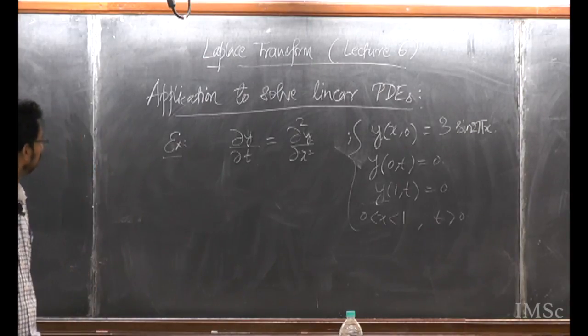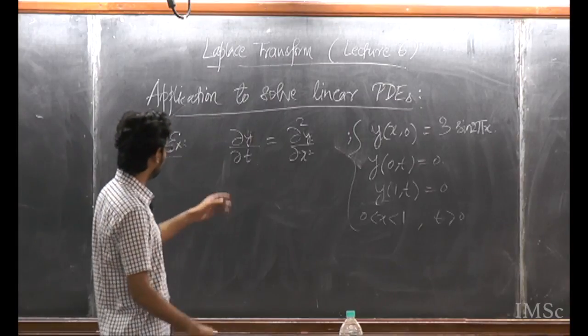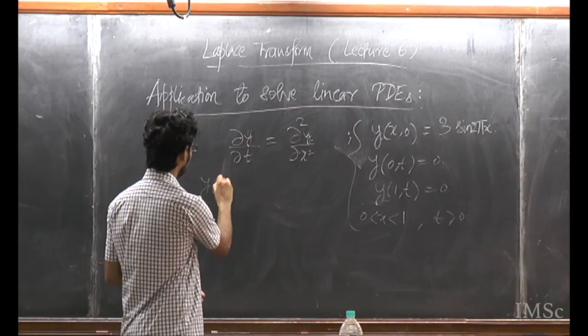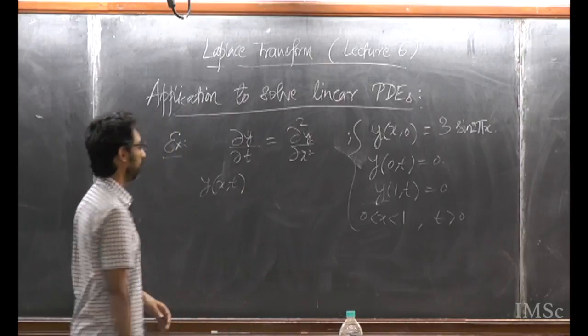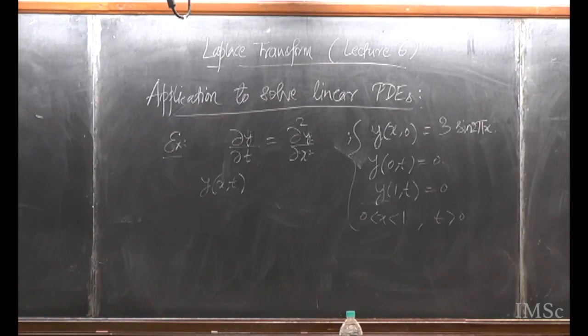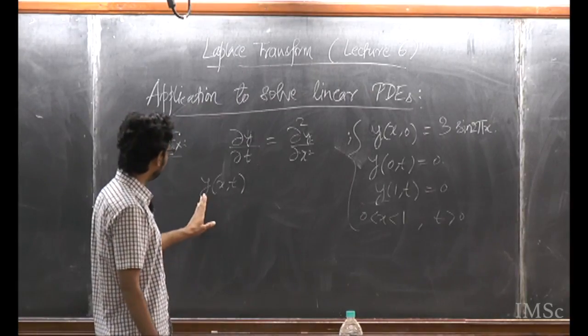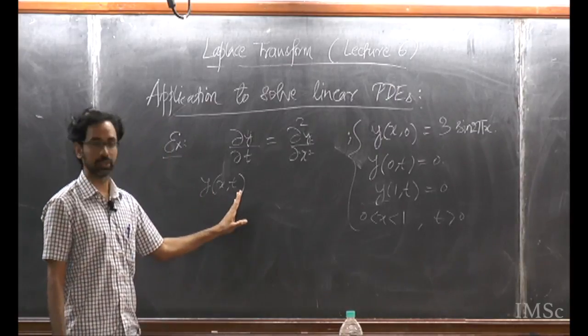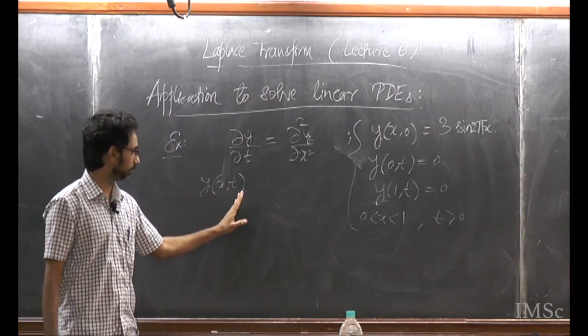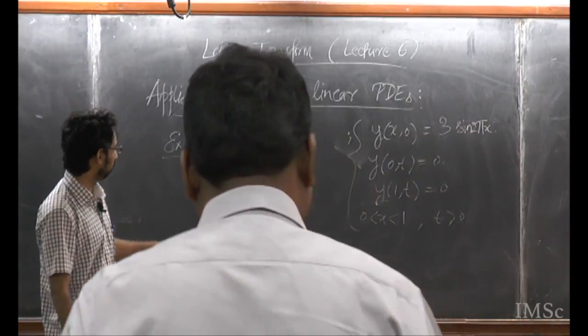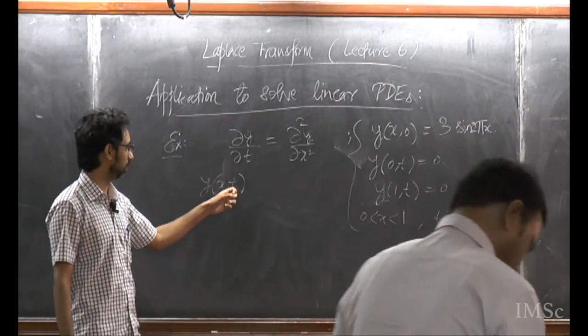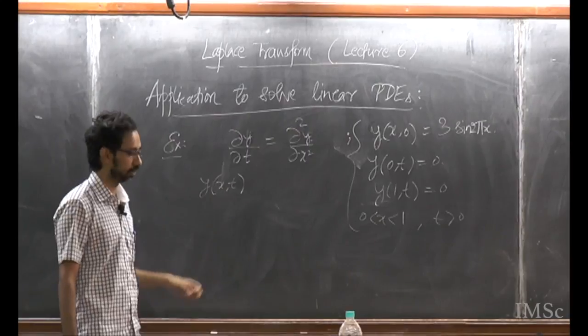So we can think, y is a function of x and t. So what we can do is apply the Laplace transform only for the t variable, using the same formula, but just for the t variable.